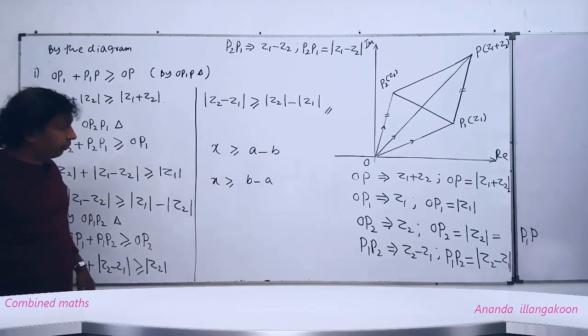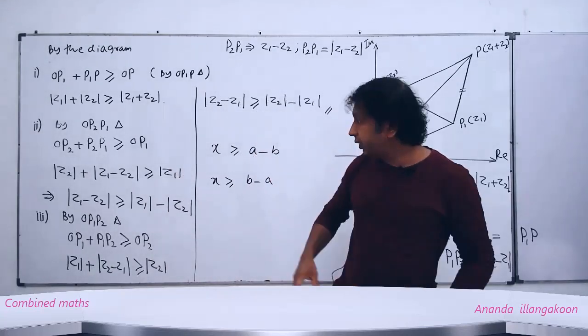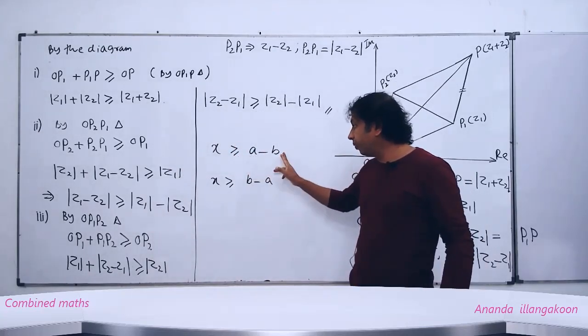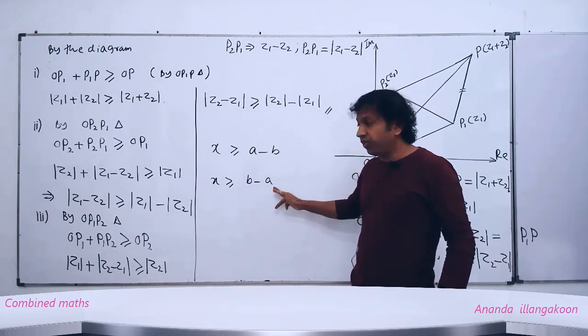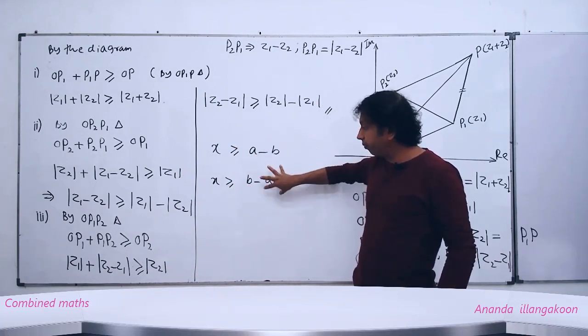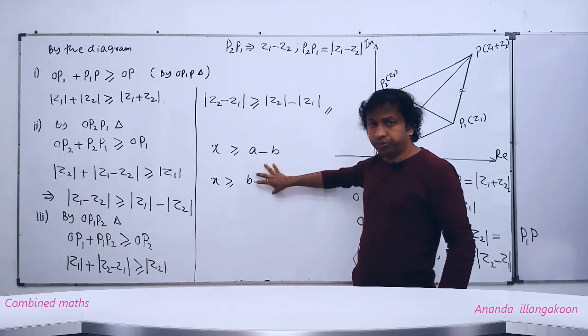When we have these two statements together, when we consider a minus b and b minus c, one of these two is bigger.